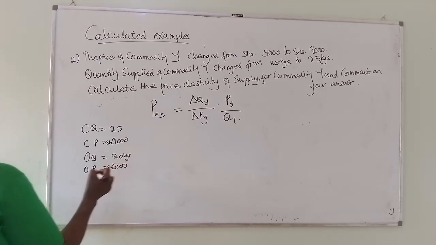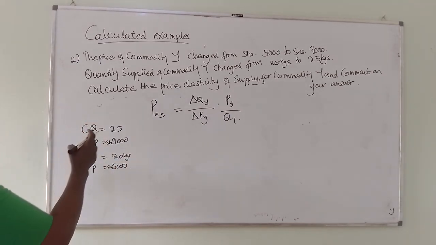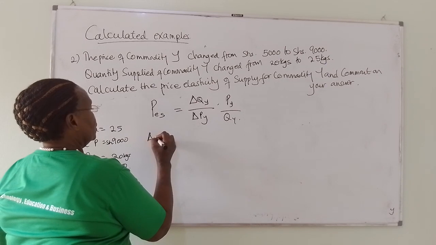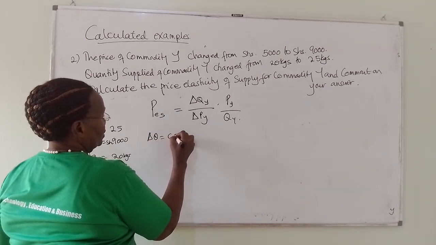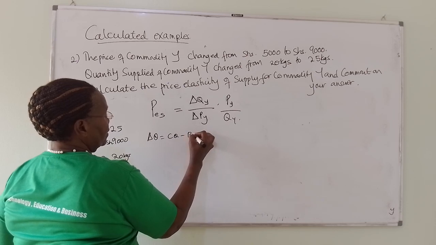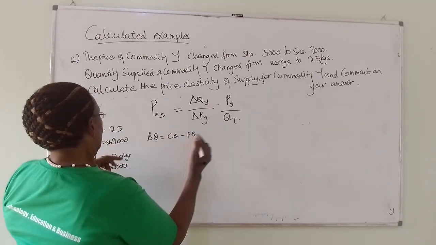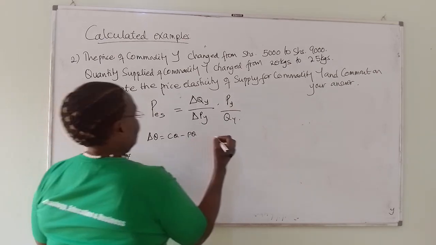So if you stipulate your figures in that way, it will be very easy for you to substitute into your formula. How do we get the change in quantity? You get the current quantity minus the previous quantity. Our current quantity is 25 kilograms.